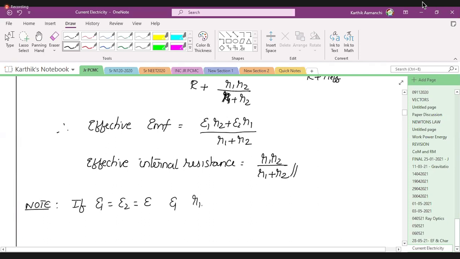If R1 is equal to R2, E effective would be equal to epsilon.